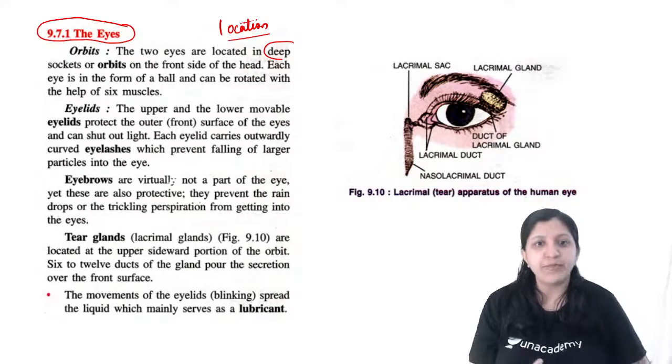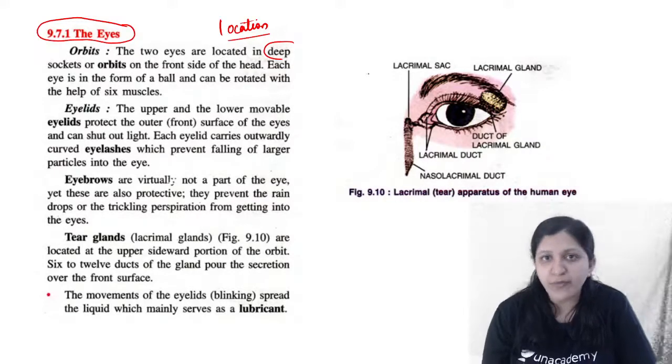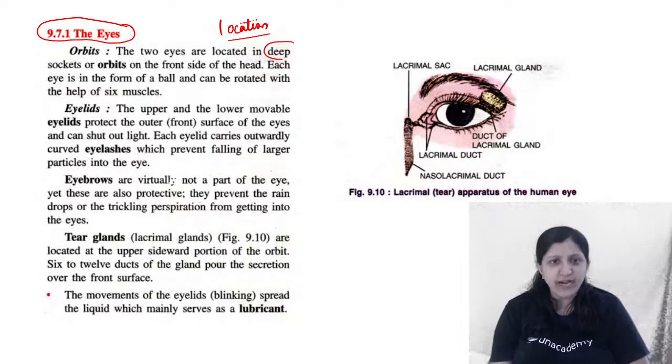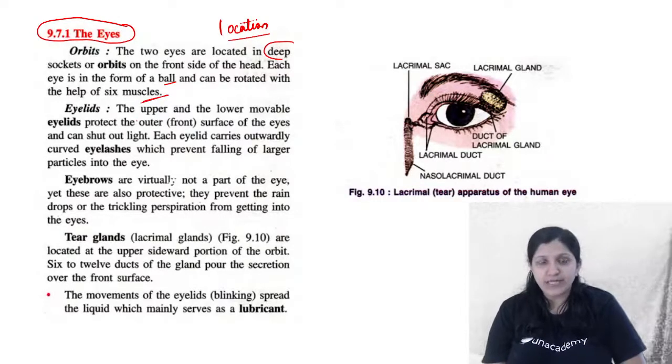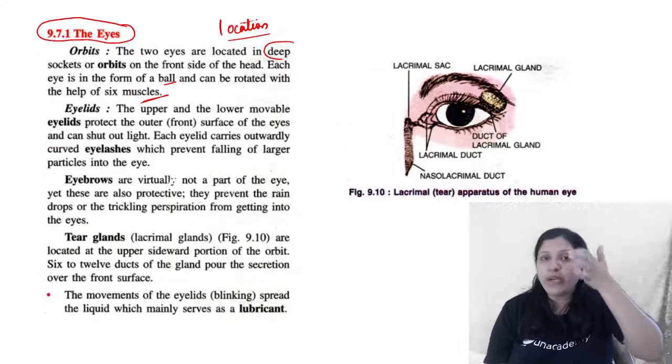All right. Now, each eye is in the form of a ball, you know the structure of a ball, so we mention the eyeball. It is in the form of a ball itself and can be rotated with the help of 6 muscles. There is a muscle attachment over here, here, and then 2 over here and 2 over here.